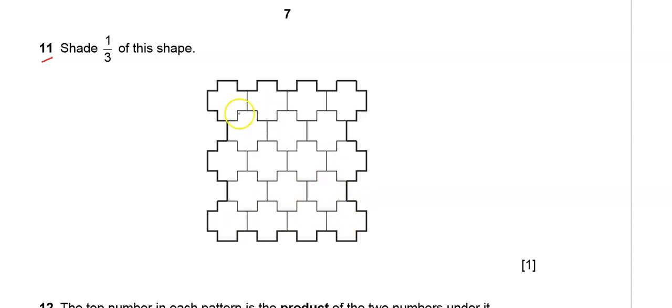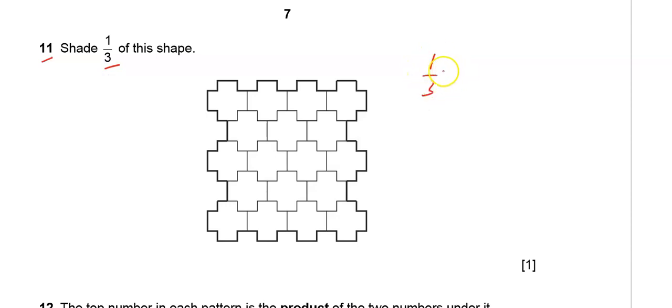Did I count correctly? Yes, so 18. So a third of 18.